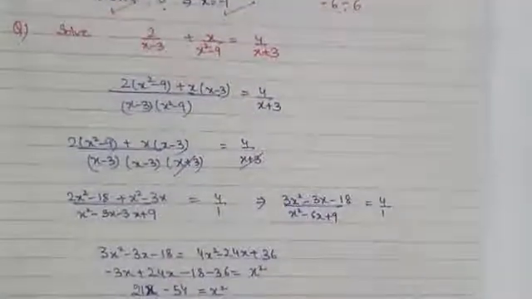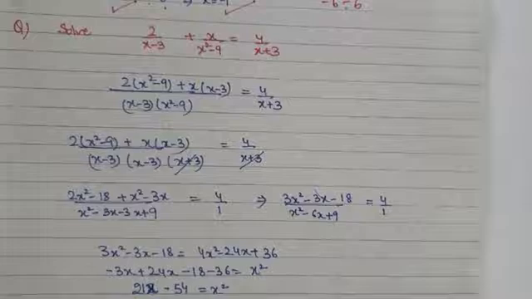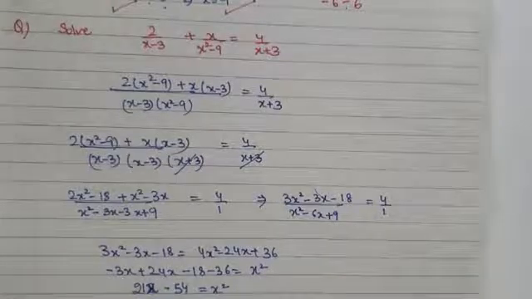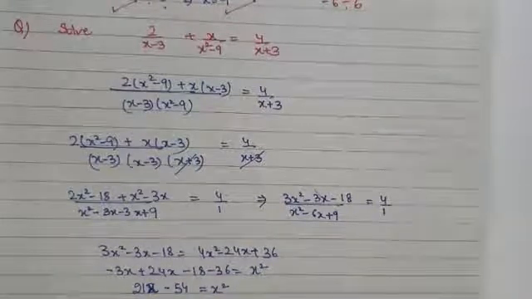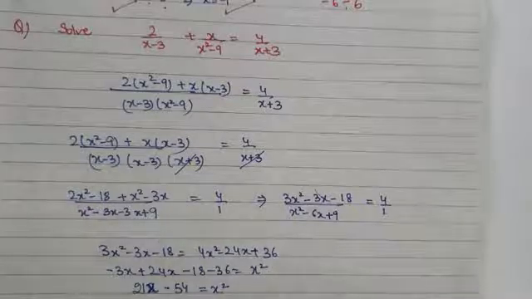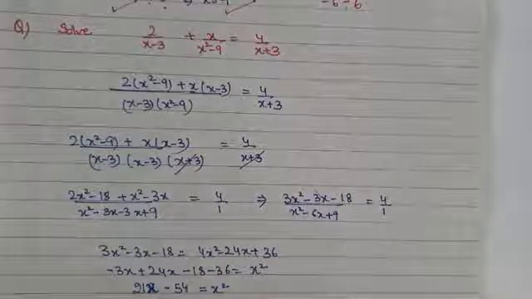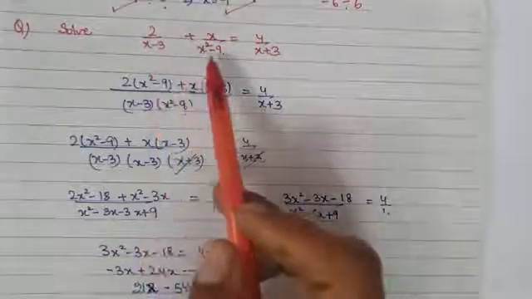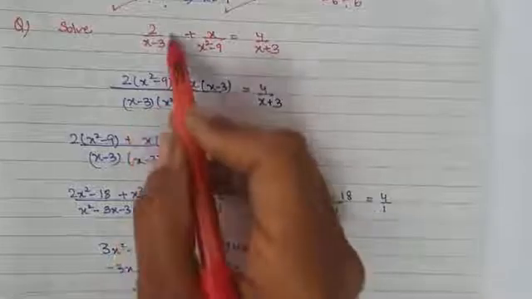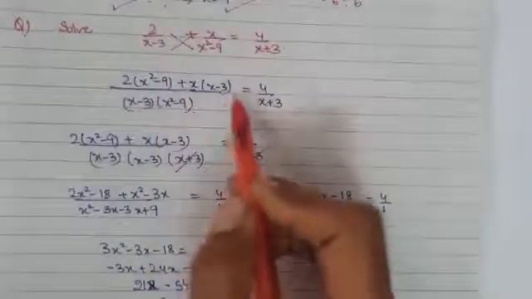The next question is 2 upon x minus 3 plus x upon x square minus 9 is equals to 4 upon x plus 3. Children, this is also the same: multiplication of the denominator, then do the cross multiplication.